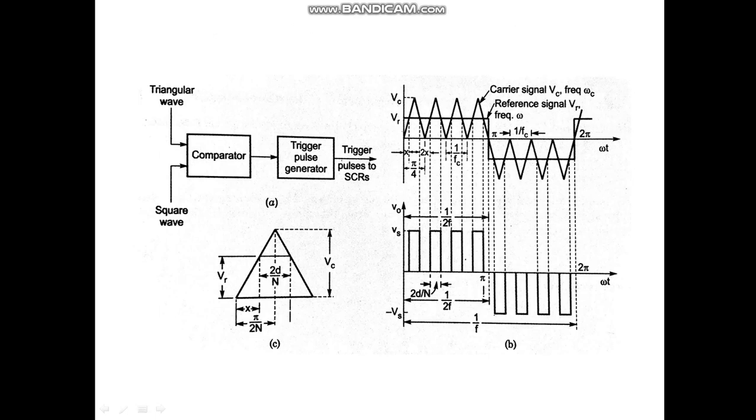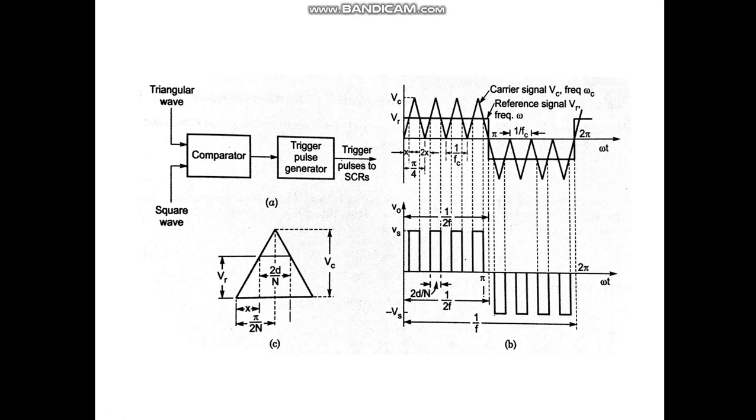This is the circuit, leave it, come here. Here we can see there is a carrier signal with frequency omega c, and this is a reference signal Vr. Like previously we said AC and AR, wherever the carrier cuts this reference signal, that is the width of a pulse. So the width of all pulses will be exactly similar.